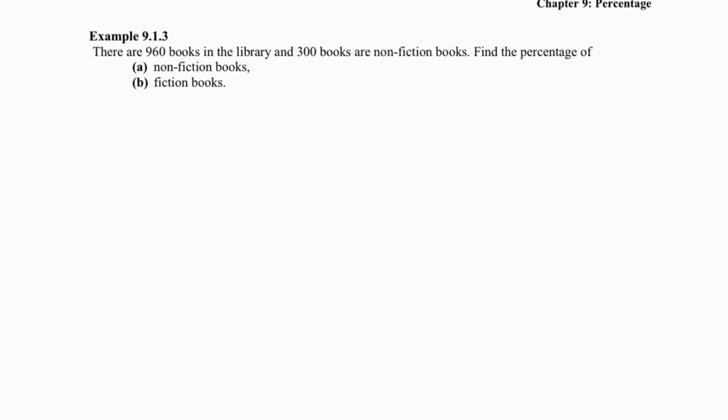We have a total of 900 books, so this will be my total number of books in the library. 300 books are non-fiction. Find the percentage of non-fiction books.